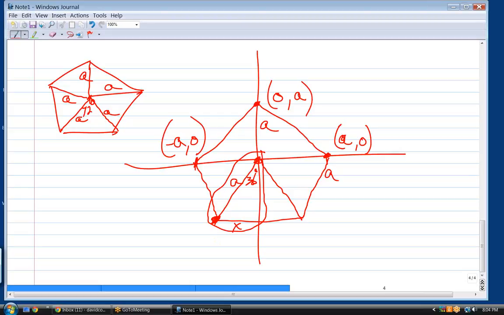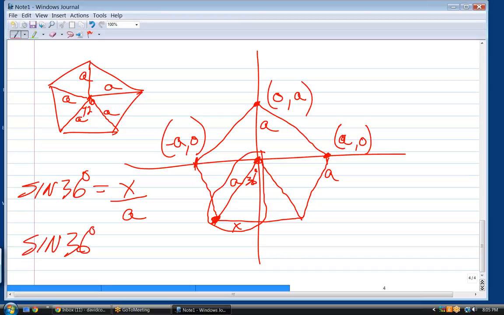So can't I say the sine of 36 degrees equals x over a? So my x-coordinate is going to be sine of 36 degrees times a. Well, sine of 36 degrees is just a number. So stick that in your calculator and see what number it is.